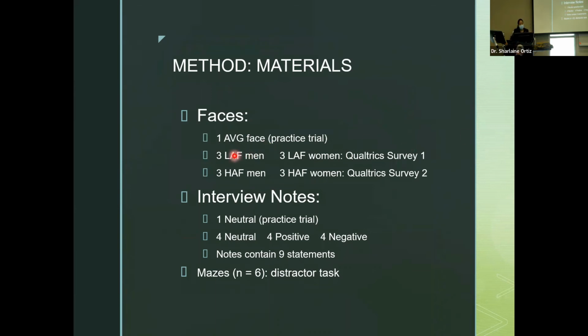And then we also had 3 low attractive faces with men and 3 low attractive faces with women. And that was the first survey that they conducted in order to determine which ones would be considered low attractive.